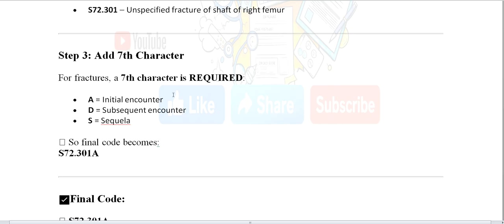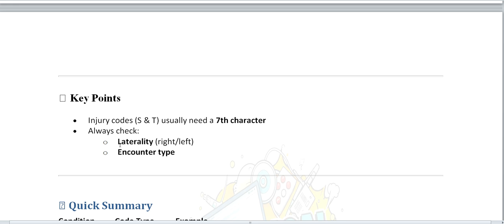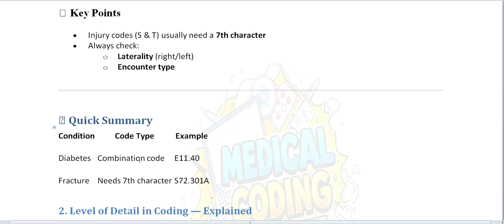Add the seventh character. For fracture, the seventh character is required. A is initial encounter, D is subsequent encounter, S is sequela. So the final code becomes S72.301A. The key point: in injury codes, the seventh character is usually needed. So always check laterality, left and right, and encounter type.